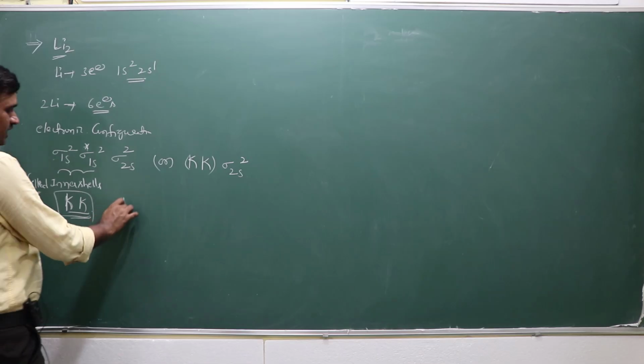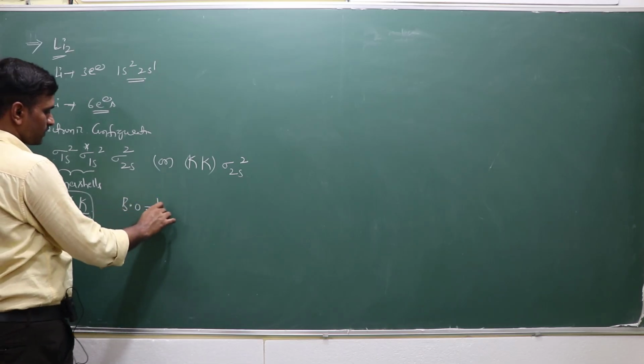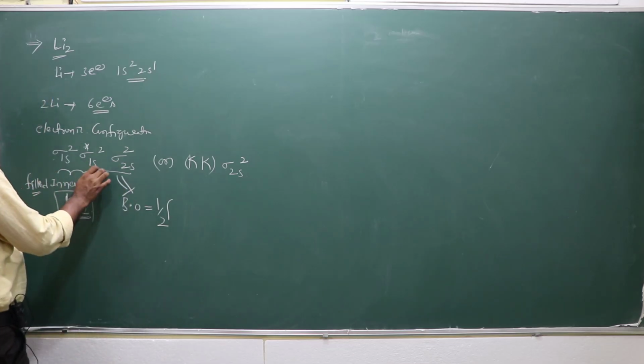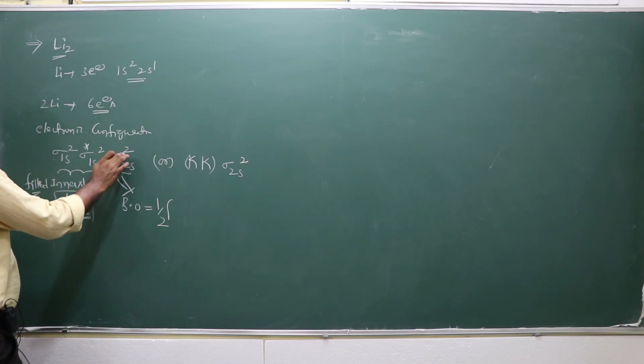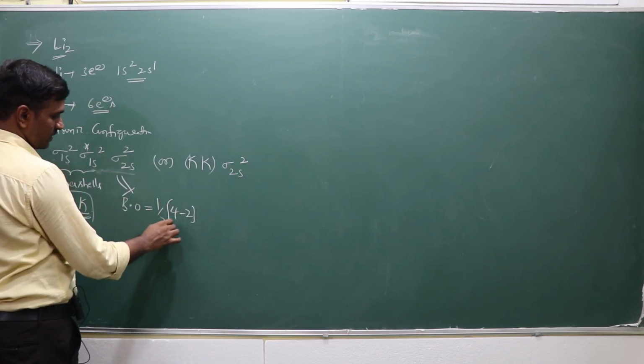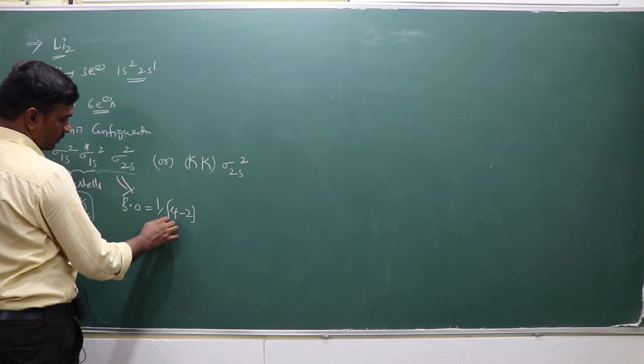Suppose we take this one. Half into the number of bonding minus anti-bonding: bonding is these two and this one, a total of 4, and anti-bonding is 2. So 2 by 2 is 1.